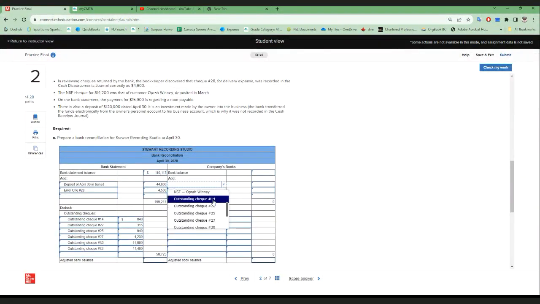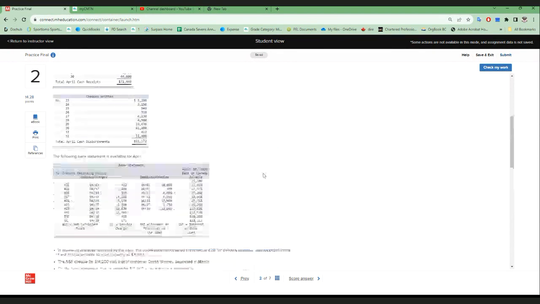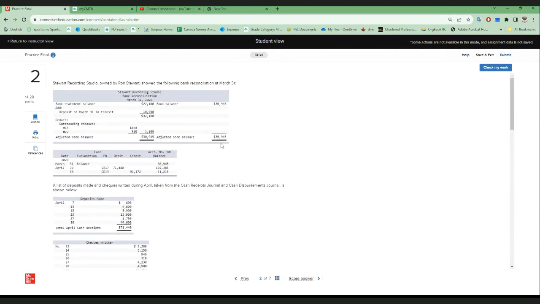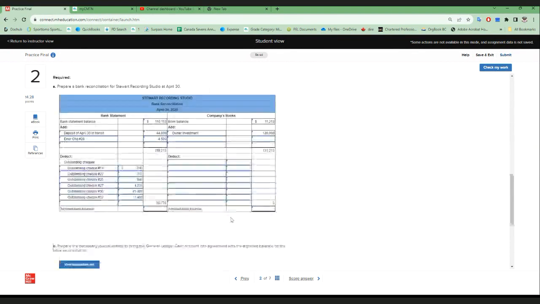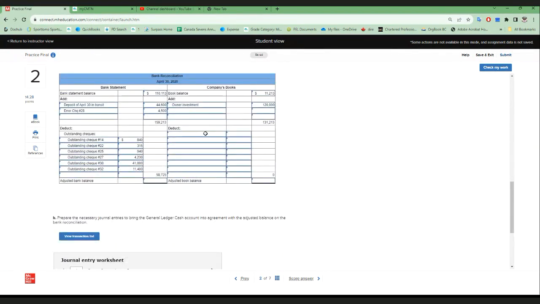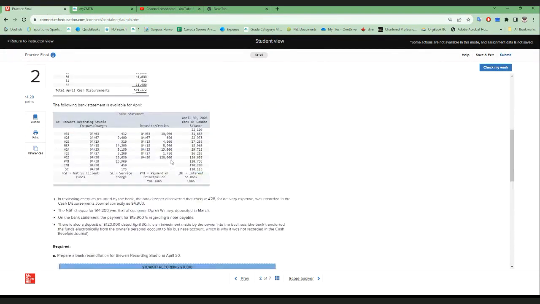Our book balance 11,213. And so now we've included all of those, the deposits and credits. Now we're working our way through here looking for these. So we have NSF check for 14,200.